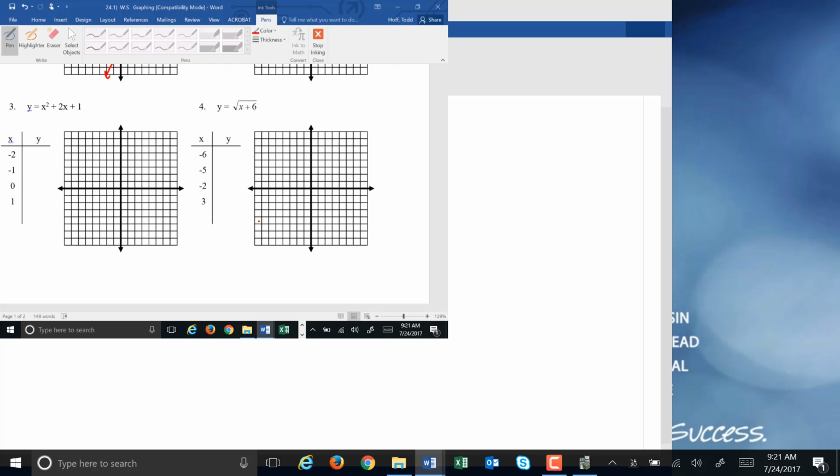Okay. Y equals x squared plus 2x plus 1. Ended up being something like this. And then here, number 4, y equals the square root of x plus 6. Looks like that.